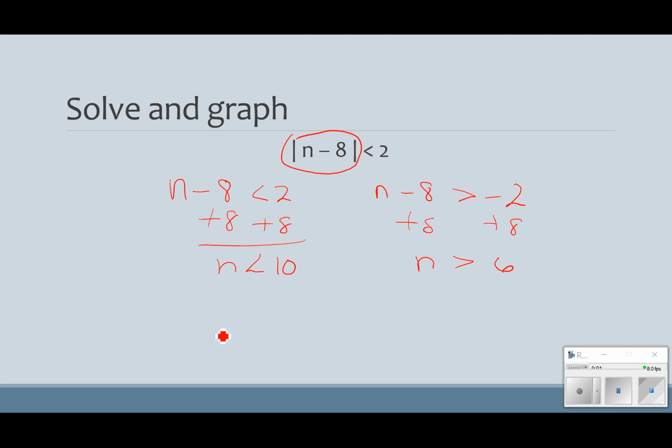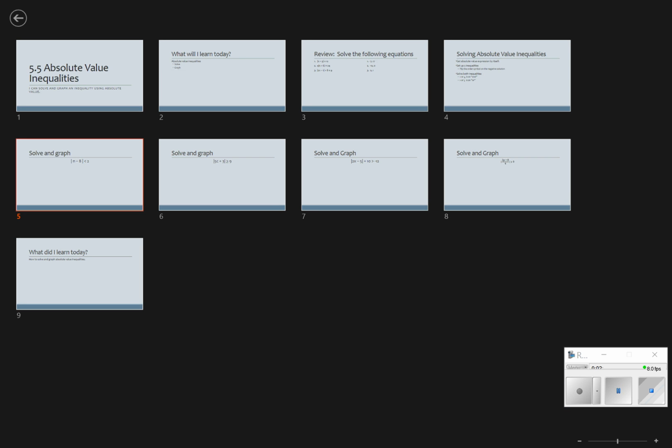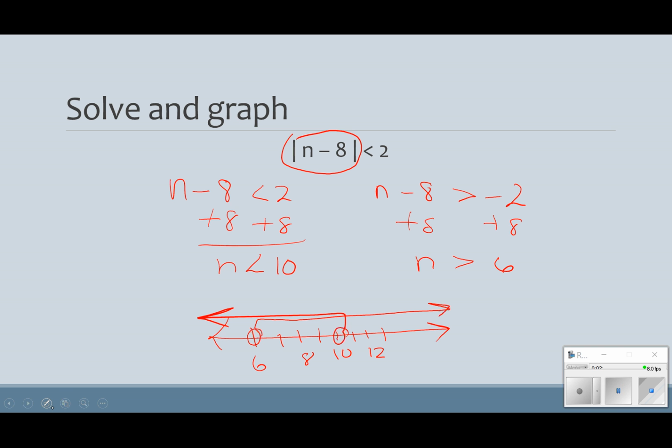So I've got the inequality that says N is greater than 6. So that means that I'm going to have an arrow going this way. Less than 10, I'm going to have the arrow going this way. And it's going to be our solution where these two overlap.